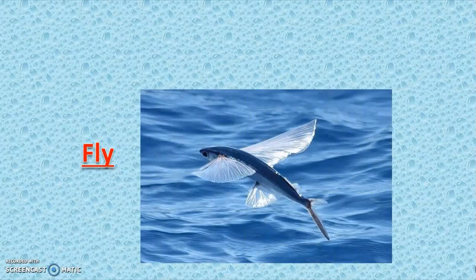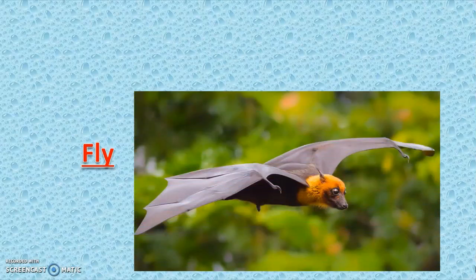Yes, the fish is flying. This is the flying fish. So the flying fish uses its wings to fly. And also the bat uses its wings to fly.